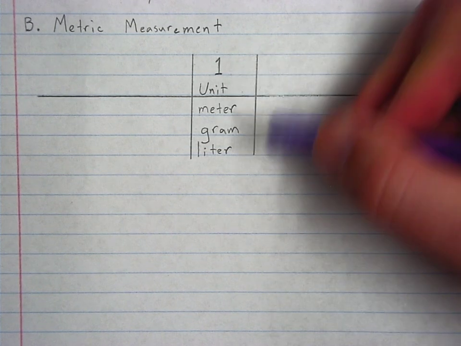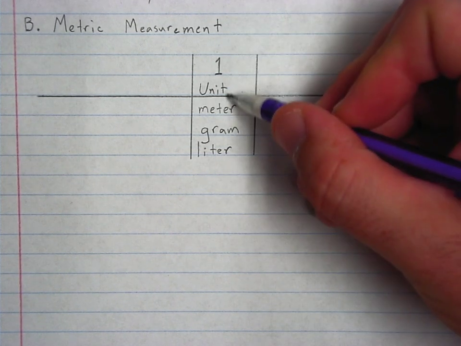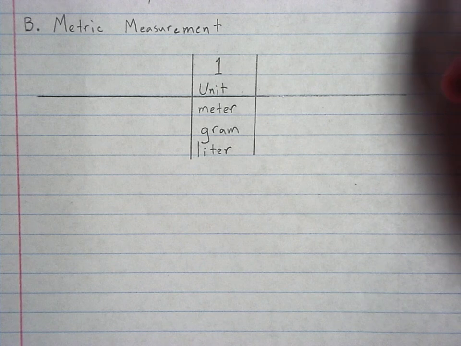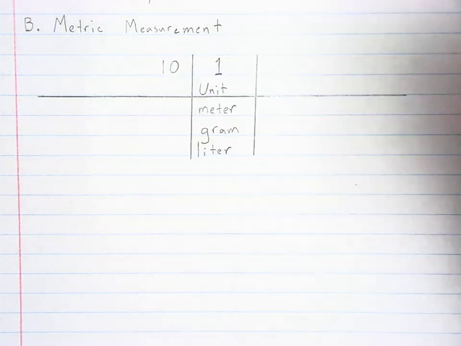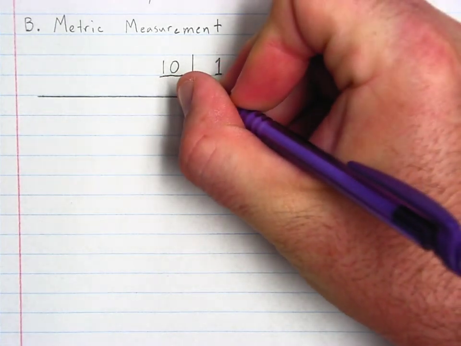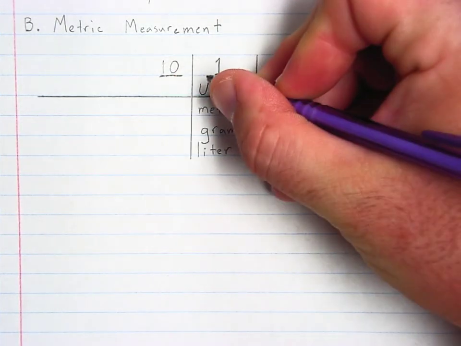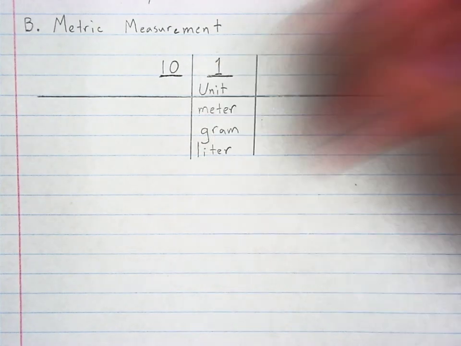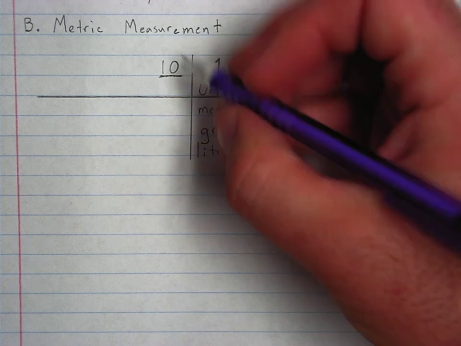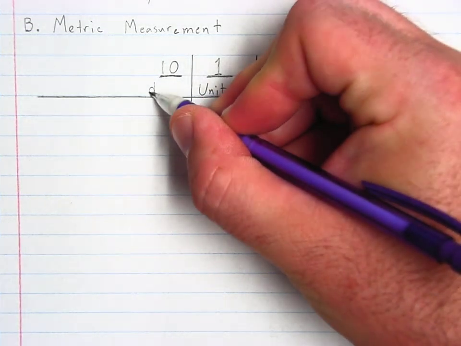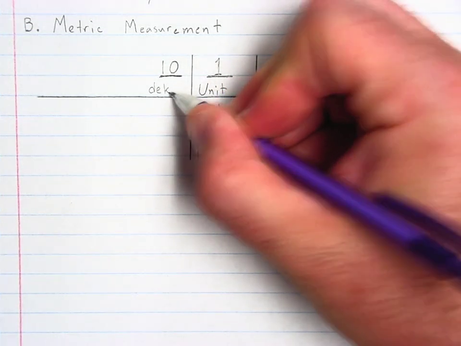So here's our ones column, the unit column, 1 meter, 1 gram, 1 liter. Now, if I want to get 10 times bigger, so think of this kind of as your tens column. Again, here's your ones column. If I want to get 10 times bigger, I add the prefix deca.